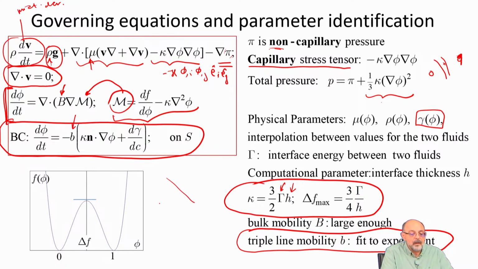If I have, let's say, liquid, gas, and solid, and if my equilibrium contact angle is, let's call it theta naught, then at theta naught those three surface tensions are in equilibrium.